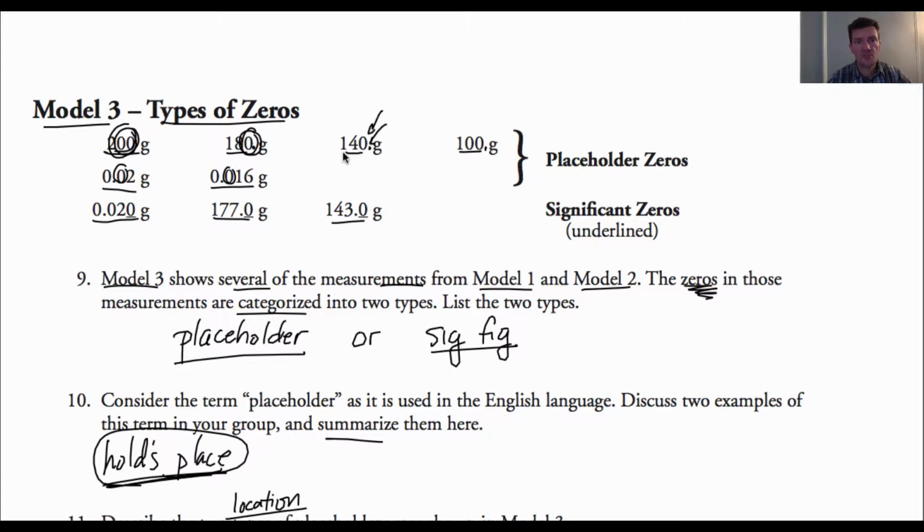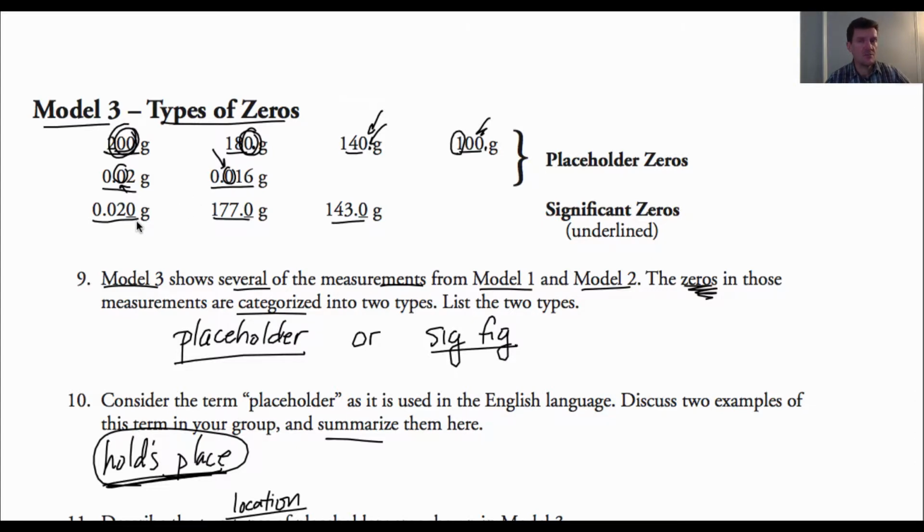This 0 also is pushing the 1 and the 4. And those two zeros are pushing the 1 into the hundreds place. That's the only purpose why they're written in the number. Same thing here. This 0 and this 0 are pushing the 1 and the 6, or in this case the 2. They're pushing them into the correct location so that those other digits have the correct value. They're in the correct decimal place value.